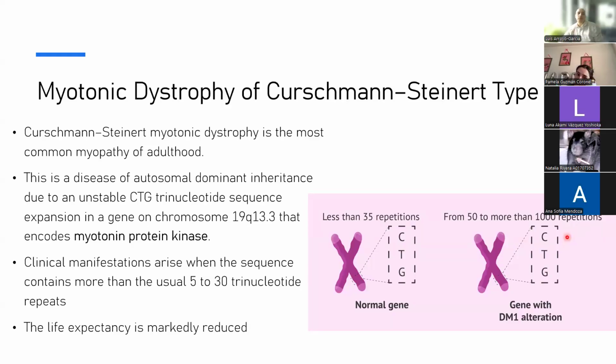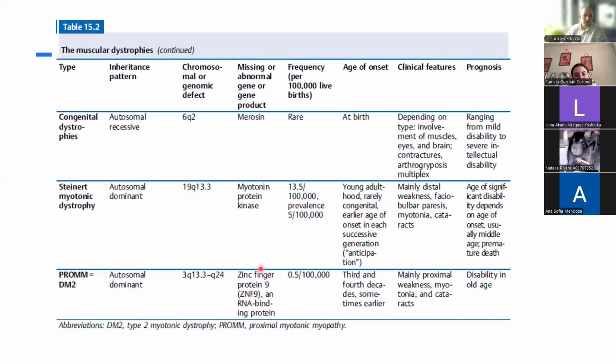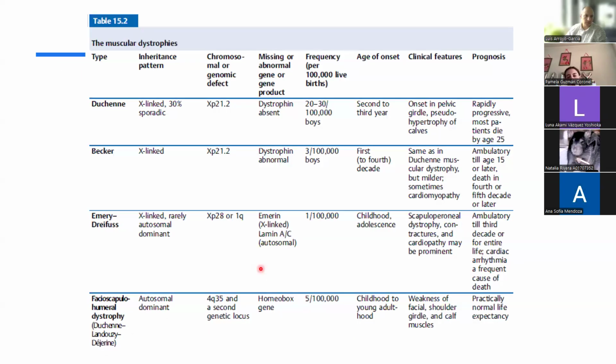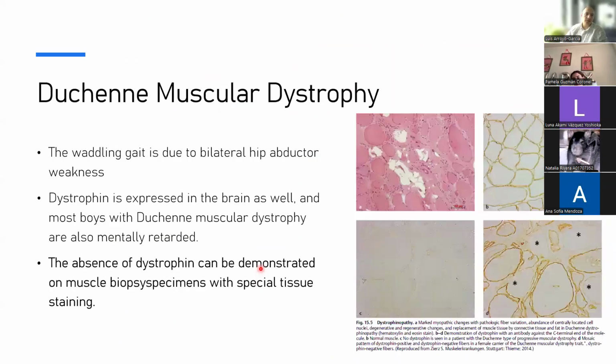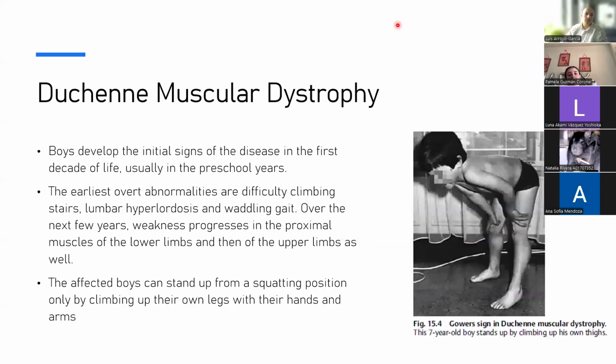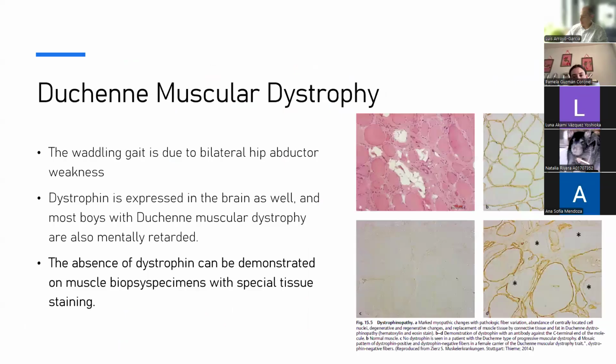It doesn't say in which decade of life it will happen. We don't have it in this one. So this is the expectancy. But again, the most common one is this one. Okay, thank you. More questions?